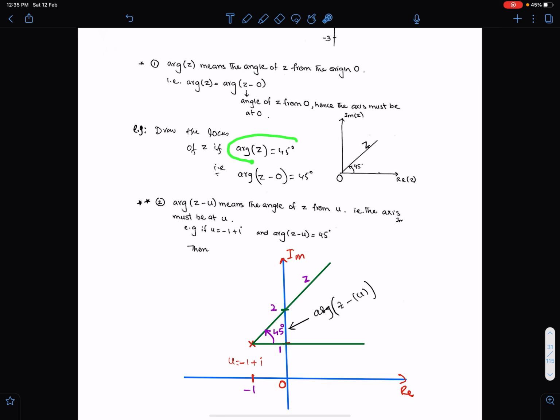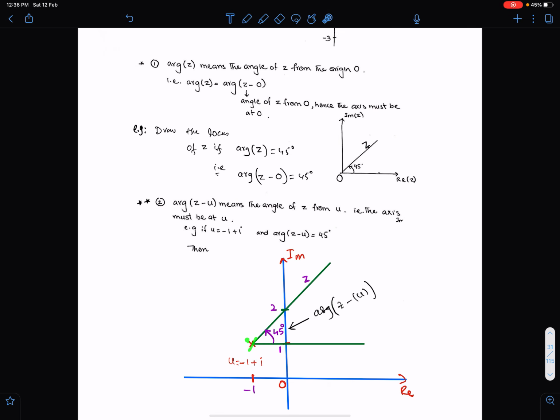So if you have to sketch argument z equal to 45, then you understand that you have to find angle of z from origin. This means argument z from origin, whereas this means argument of z from u, and u is given. So first sketch u.